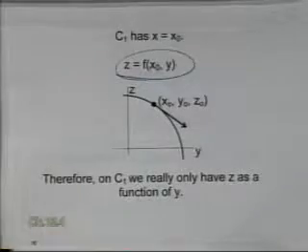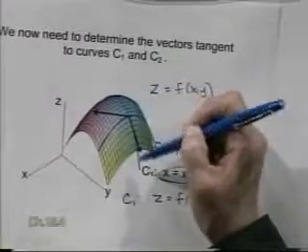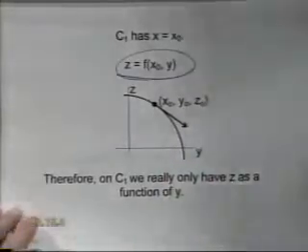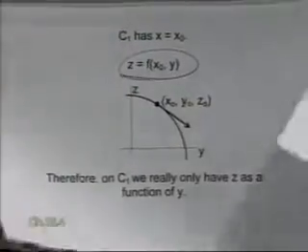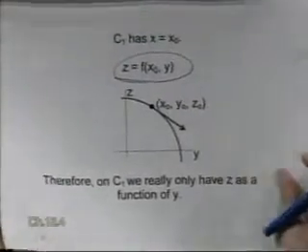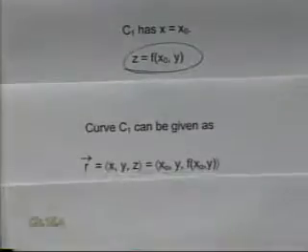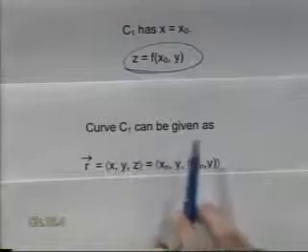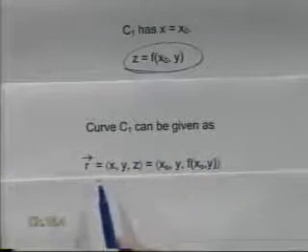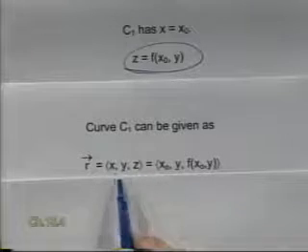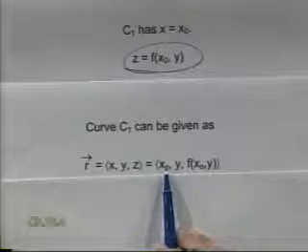So I'm saying, can I get an equation for this curve C1? All right, and I can very easily, and watch what I'm going to do. If we're on C1, we have z equal to f of x naught, y, right? So, just pop that here. Curve C1 can be given as, now, you have an x-coordinate, a y-coordinate, and a z-coordinate. But remember, on C1, x is fixed at x naught, isn't it?